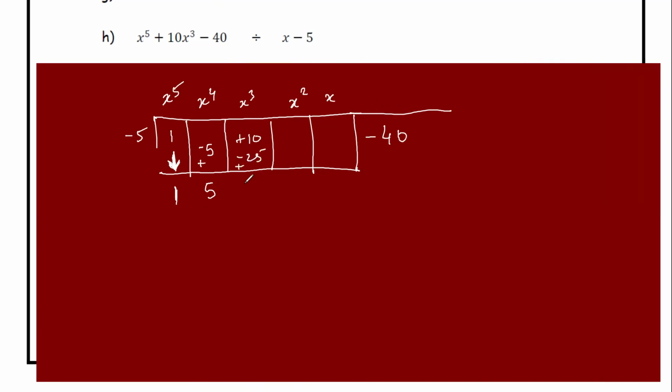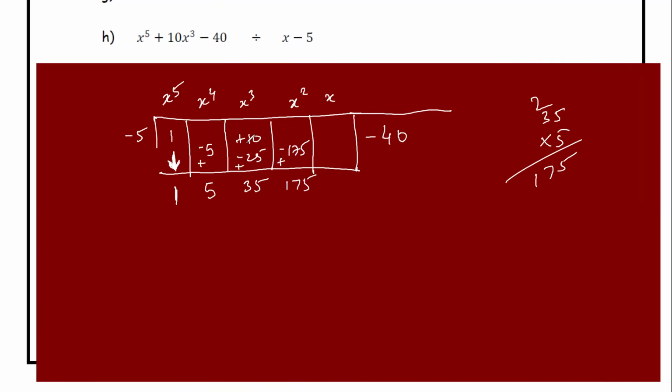Change the sign and you got 35, right? 35 times 5 is 175, I believe. But we'll just do the right math. Yeah, 175. It's negative 175, so it becomes positive. So 175 positive.